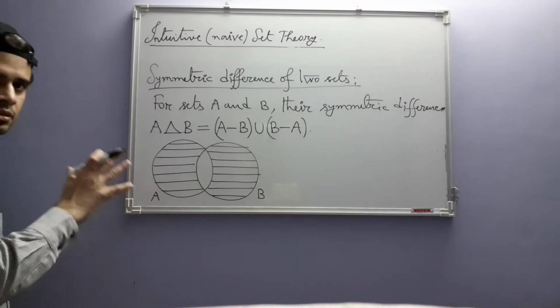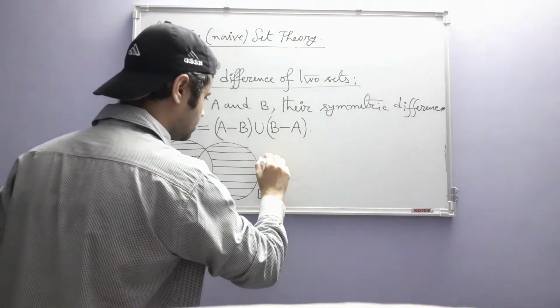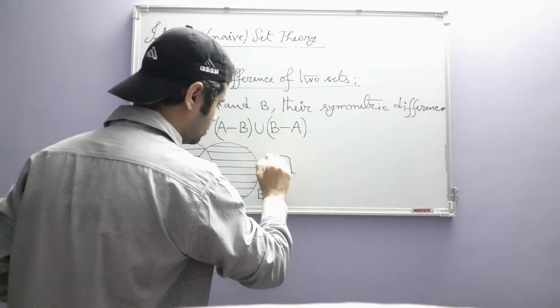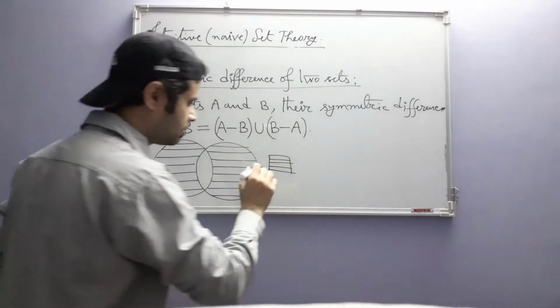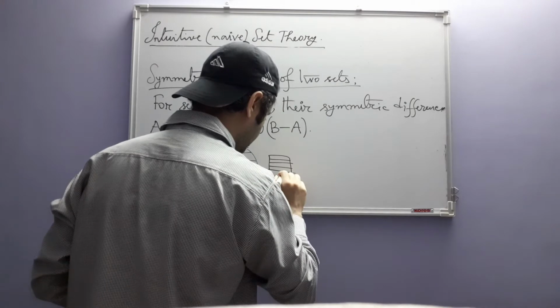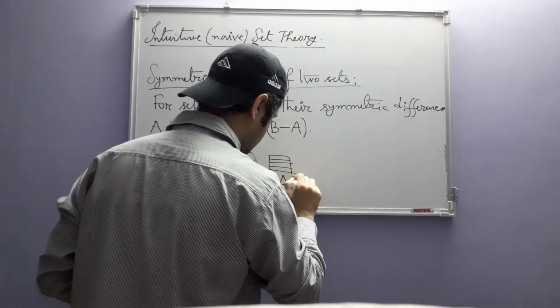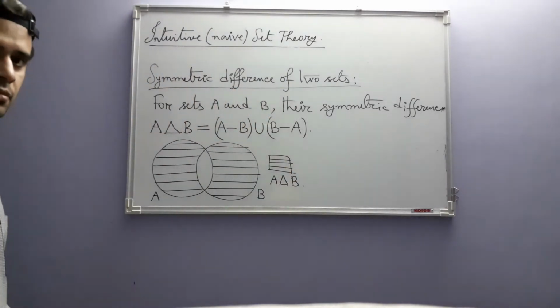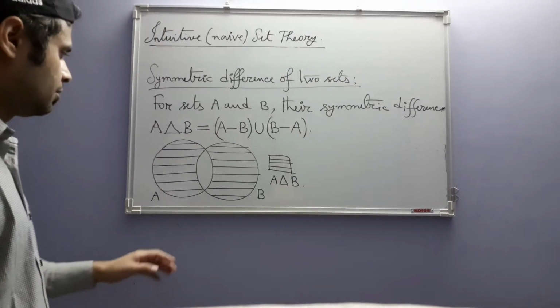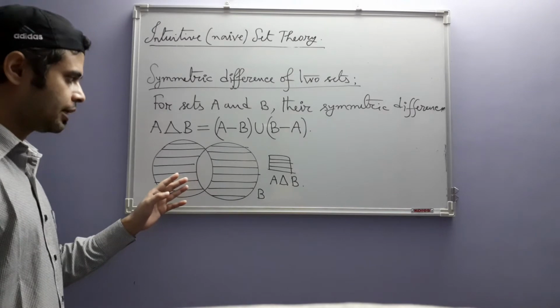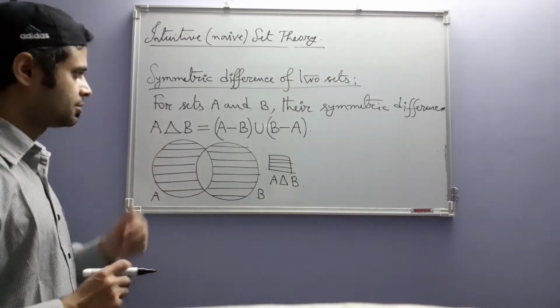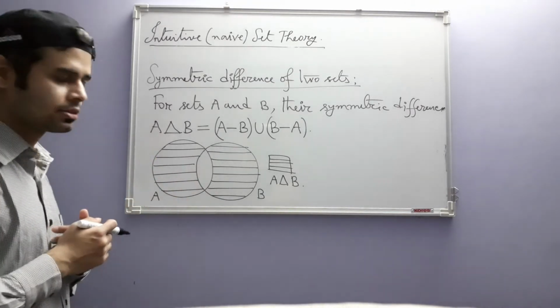So this is A delta B, this much. The region with horizontal lines, this is A delta B. Okay. Now from this Venn diagram, can you guess something about this symmetric difference?